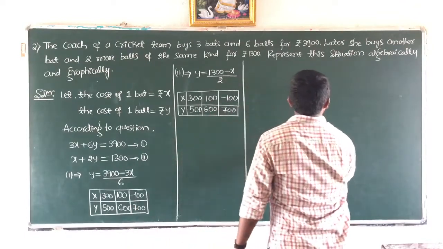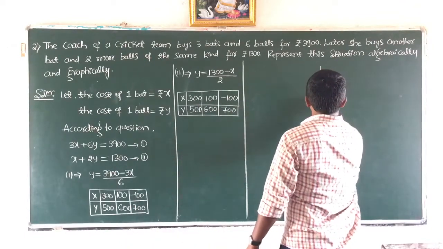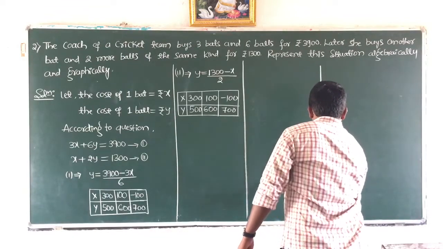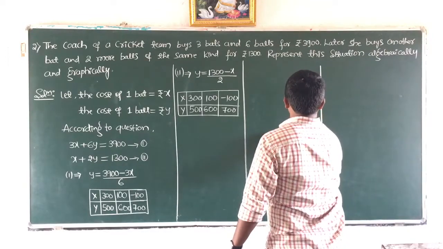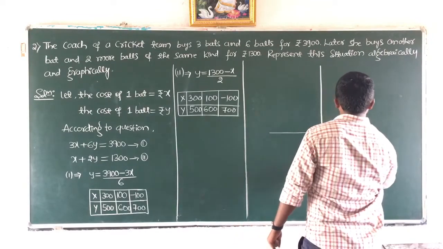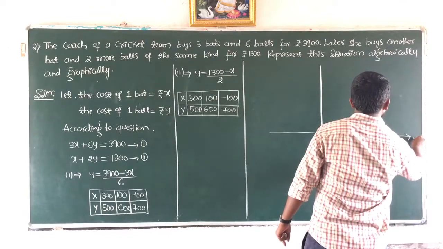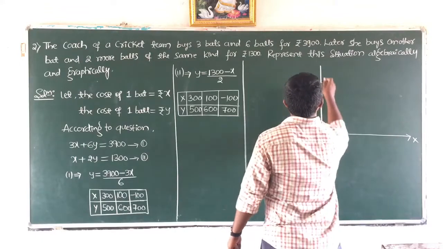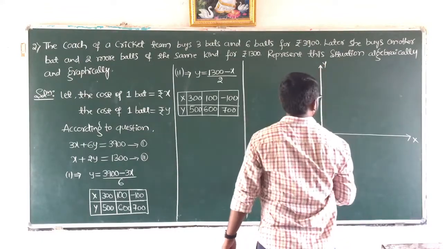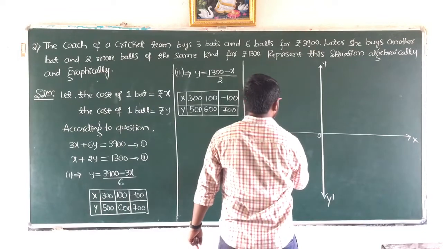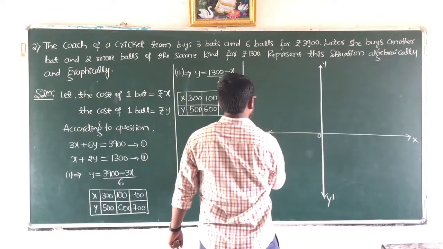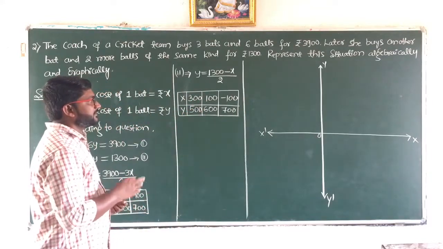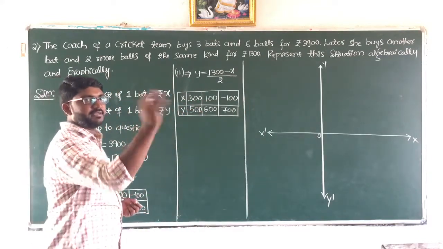So let us draw the graph here. This is x dash, origin, this will be y dash, and this will be x. Since the values are bigger here, I take the scale as 100, 300, 500, 700 and so on.